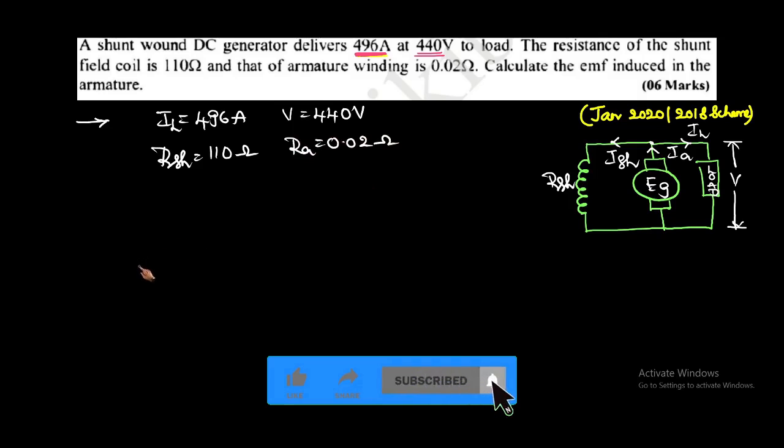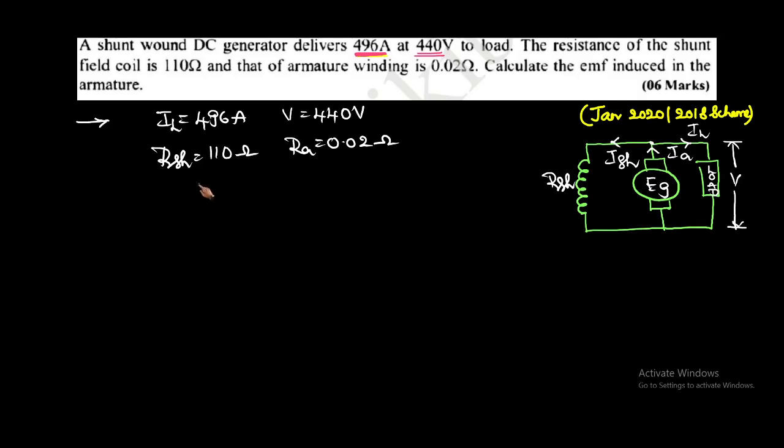So he is asking what is the EMF generated. Before going to the EMF generated, let us calculate ISH. The ISH formula is V by RSH. V is the terminal voltage, 440, and the RSH value is 110. So you are going to get ISH as 4 amperes. Why are we calculating ISH?